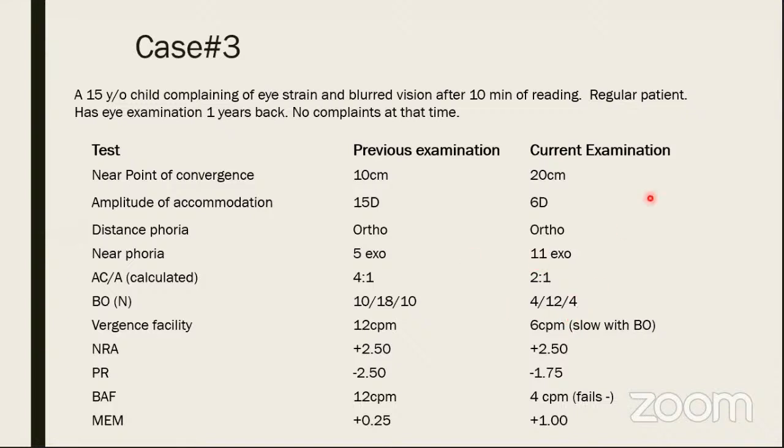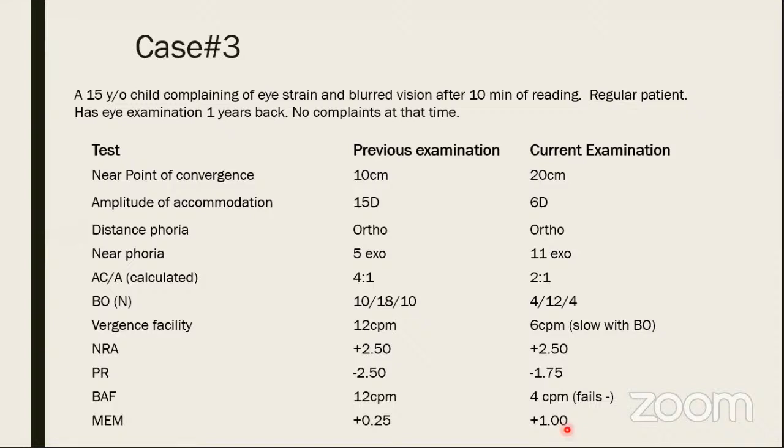So we may come to the concept that it would be a case of convergence insufficiency, but on testing PRA, the PRA value is low. On checking relative vergences with constant accommodation, the PRA value is low. Again, in binocular accommodative facility, the patient is failing minus, and MEM is lag.